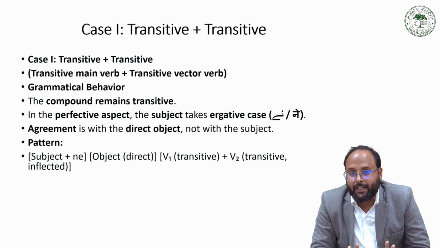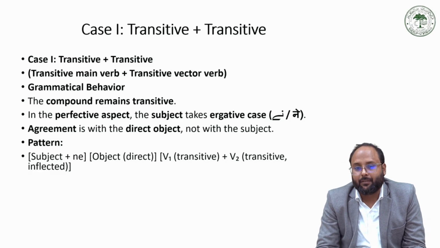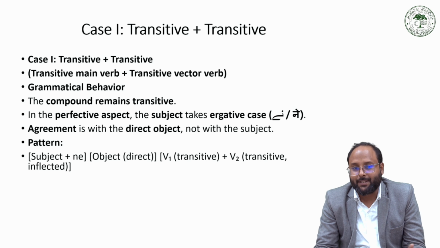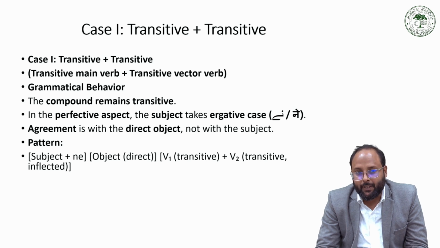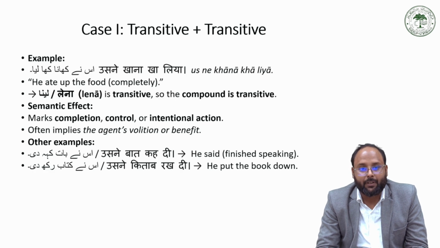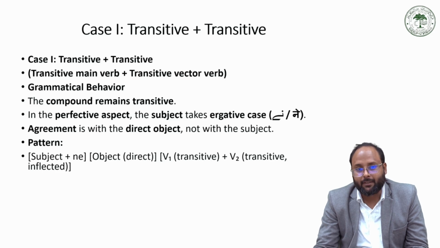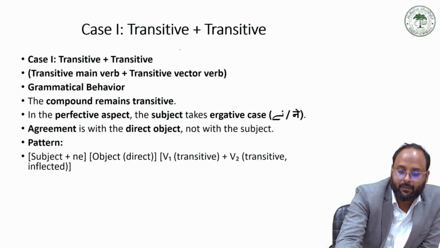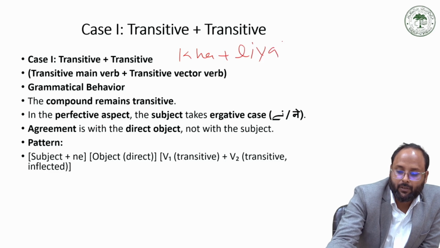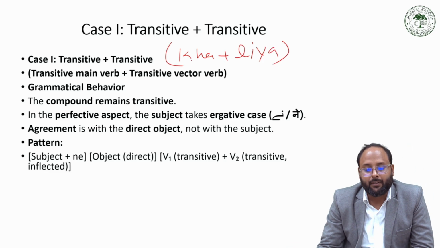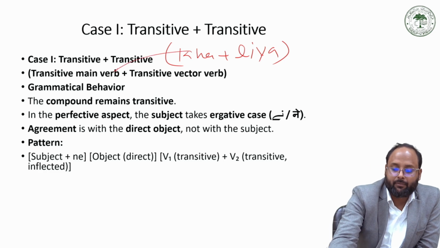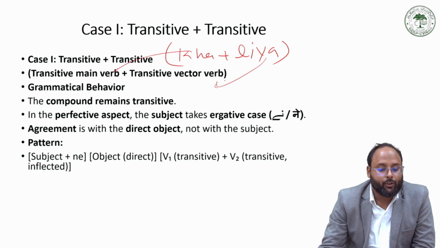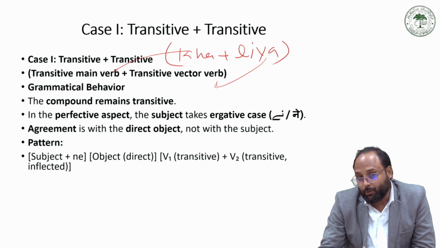And now we have different cases of compound verbs. Sometimes a transitive plus transitive compound verb. For example, उसने खाना खा लिया. That is खा plus लिया. That is a transitive main verb and a transitive vector verb. So the compound remains transitive because both verbs are transitive.